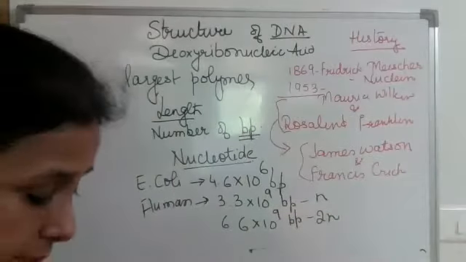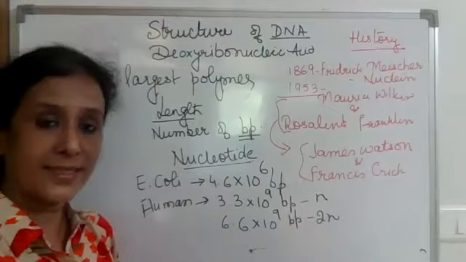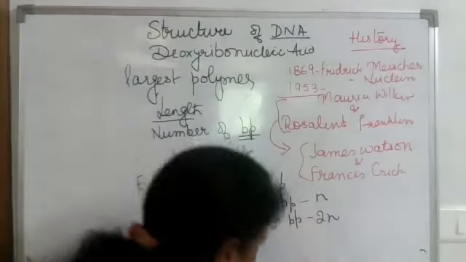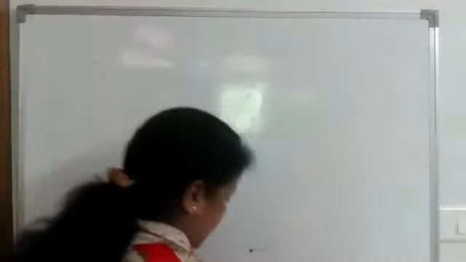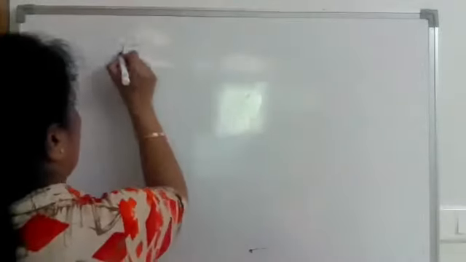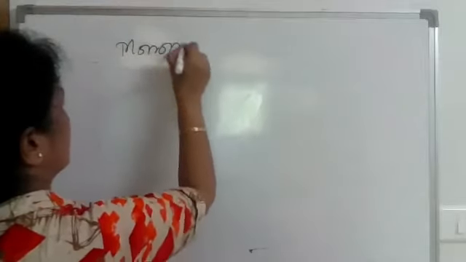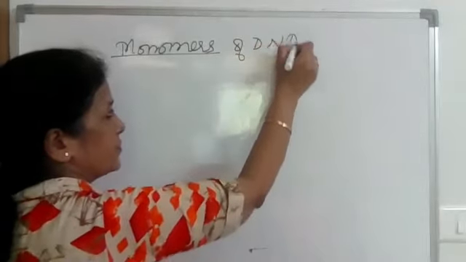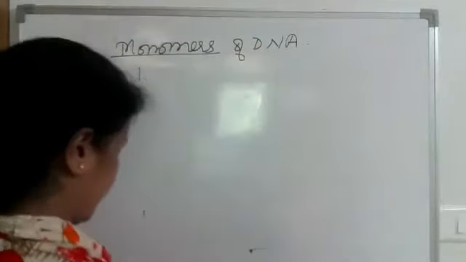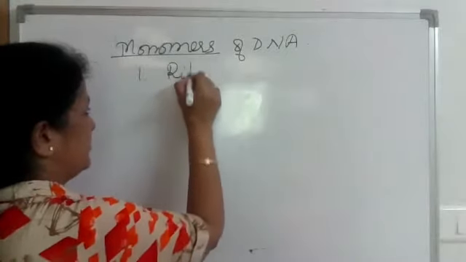Now, just now I said that DNA is a polymer. So now let us check the monomers that make the DNA structure. Monomer of DNA. Number 1. It is made up of ribose sugar.